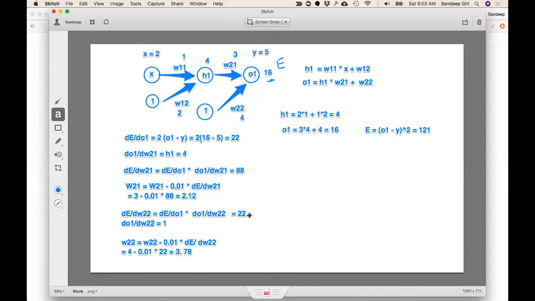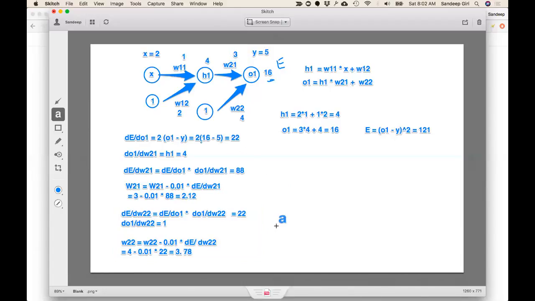Great. So we computed some values here, and we can see that we are able to compute the next values of these. Both of these values of W2 have decreased a bit. This one has become 2.12, this one has become 3.78.